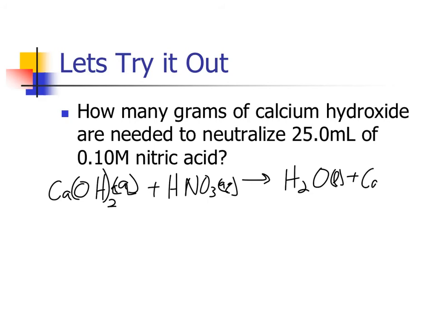And again, because of paying attention to my charges, I need to have the 2 on the outside, and that will also be aqueous because of rule number 2 as well.